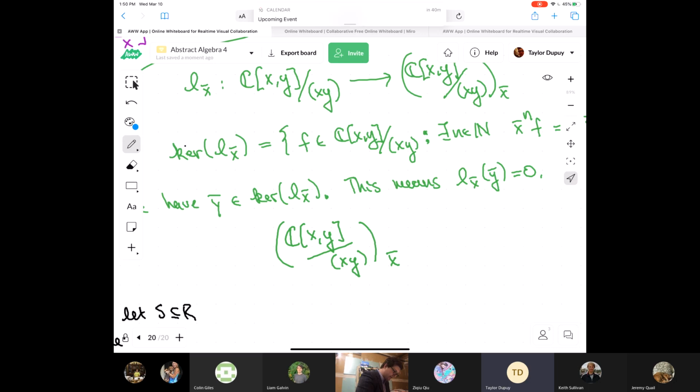When y goes to 0, that kills this thing and that kills this thing. It actually kills this whole relation here. So this relation gets killed.